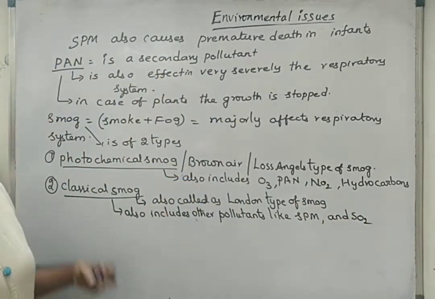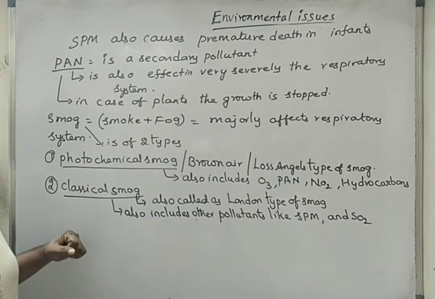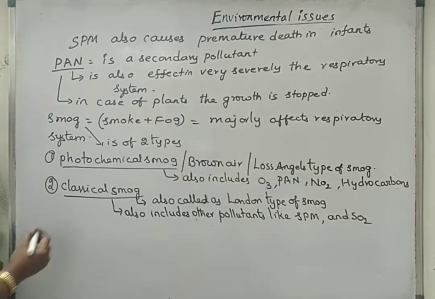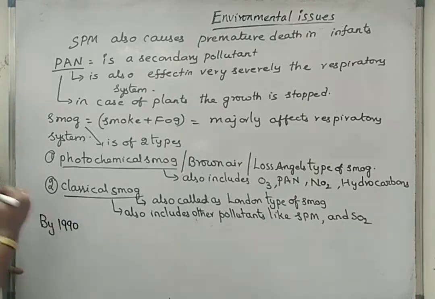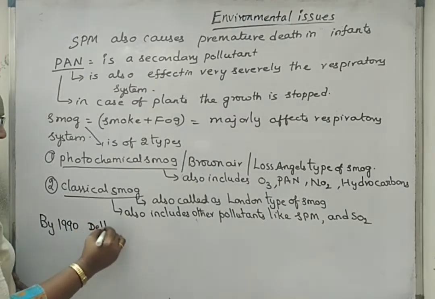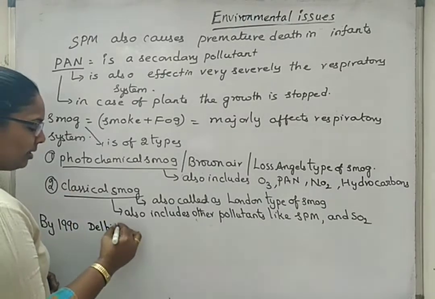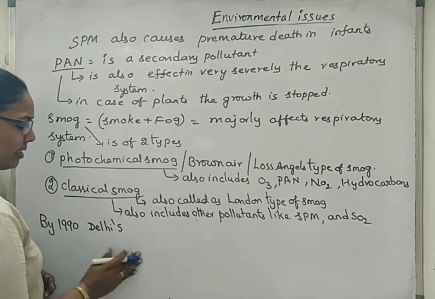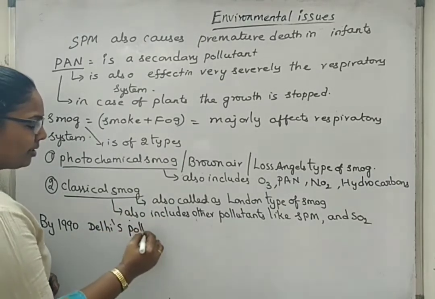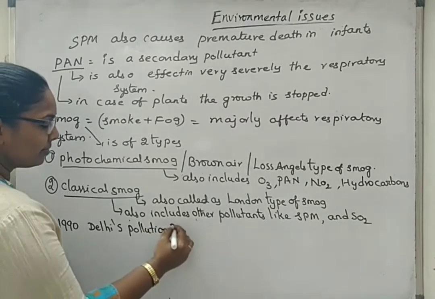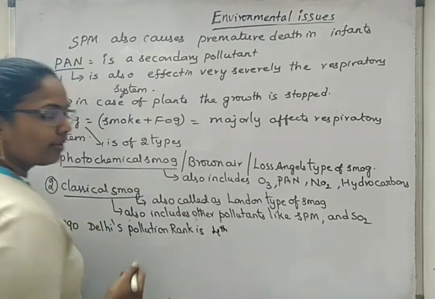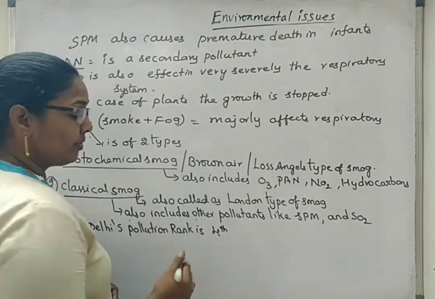In India, once upon a time, it caused major damage in Delhi. So we'll see those points. By 1990, Delhi's pollution rank is 4th when we compare to all over the world.